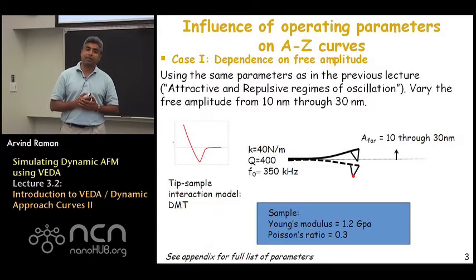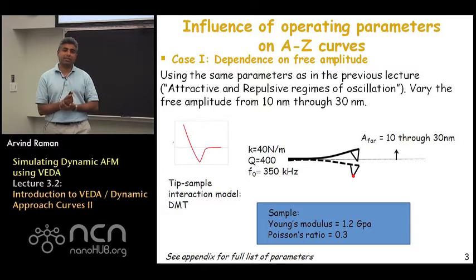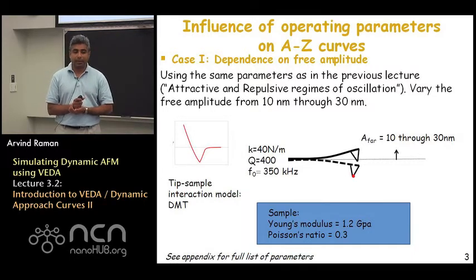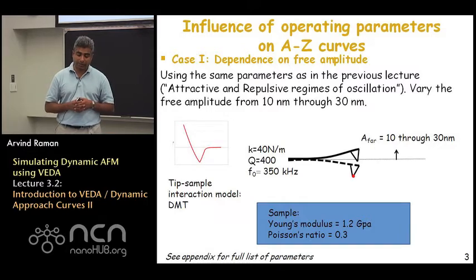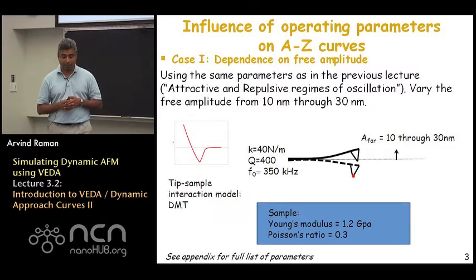What we wish to do today is continue with the approach curves example we started last time and try to understand how the choice of cantilever or the choice of operating conditions actually influences the transition between these attractive and repulsive regimes of oscillation. So the case one that we're going to study is the dependence on free amplitude.